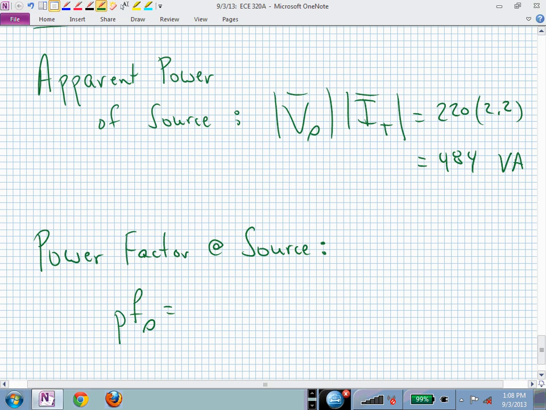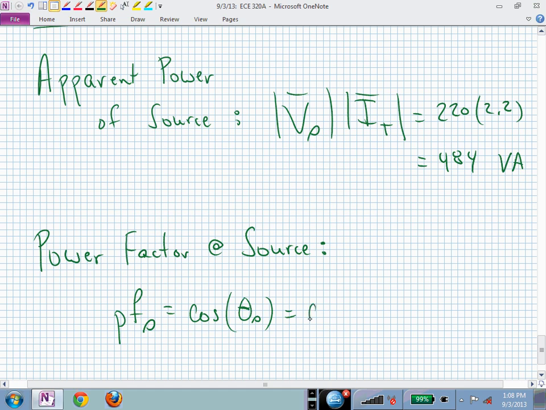Well, this is now cosine of, let's say, theta sub S, which is really theta sub V minus theta sub I, the angle of the voltage at the source minus the angle of the current at the source. Our voltage angle was 0. The current was minus 36.87.